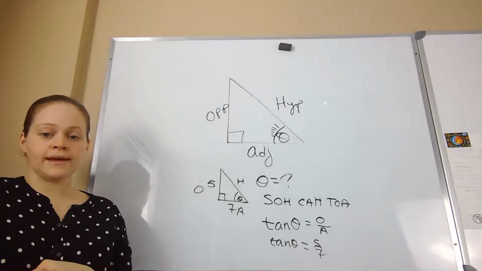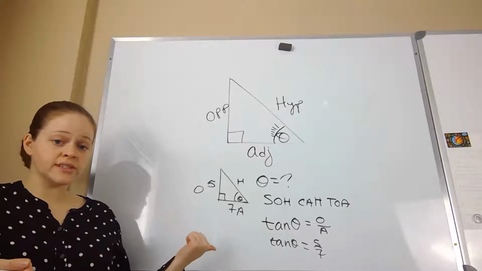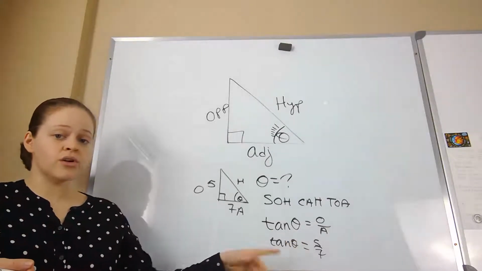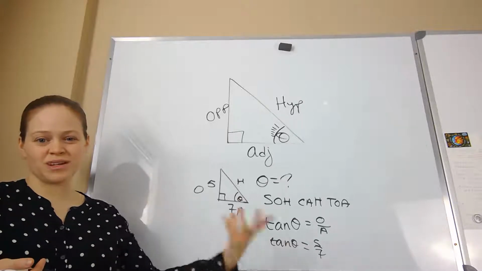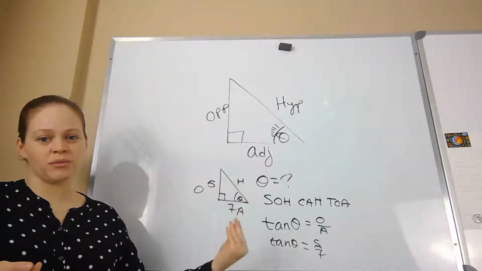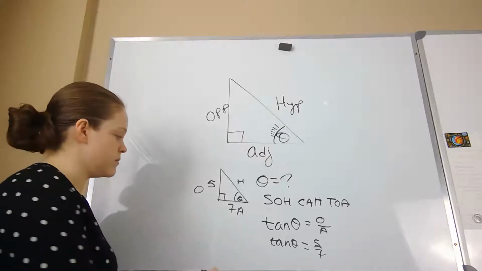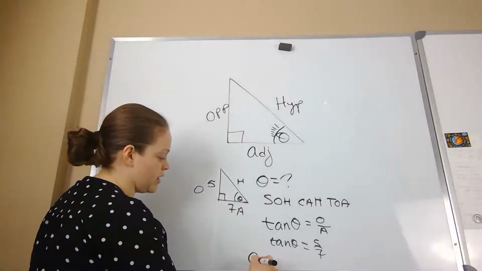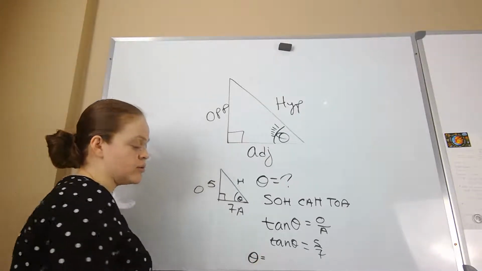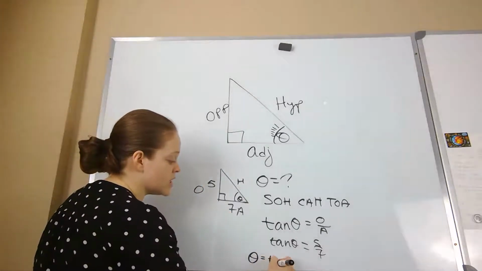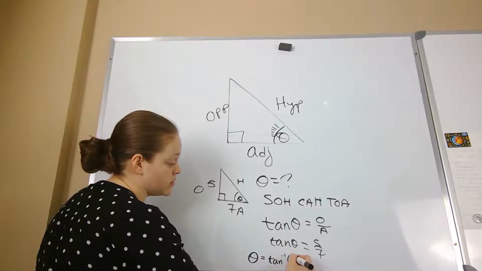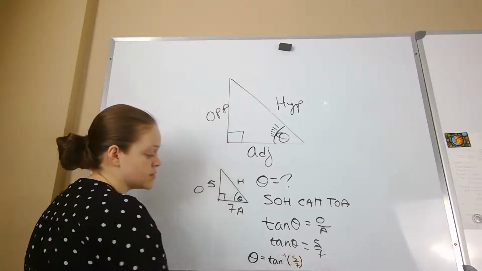Okay. And so you have two options here. You can divide this and get a decimal first, or you can move the tan over. Because decimals can be long and weird, I probably want to move it over first. So when we have theta by itself, you have to take the tan inverse. So theta equals tan to the -1 of 5 over 7.